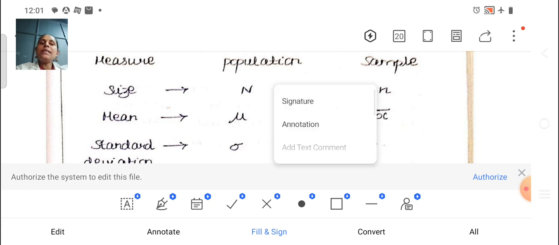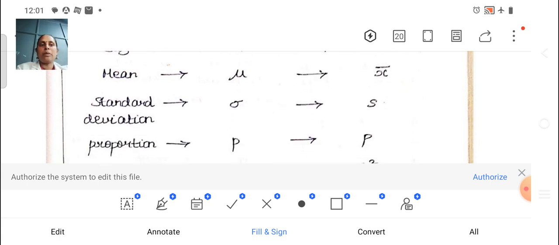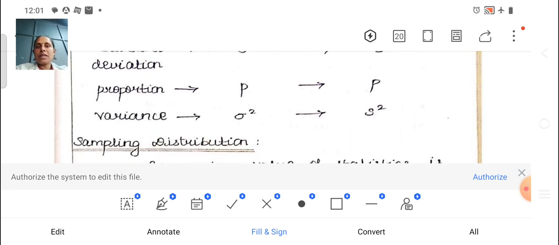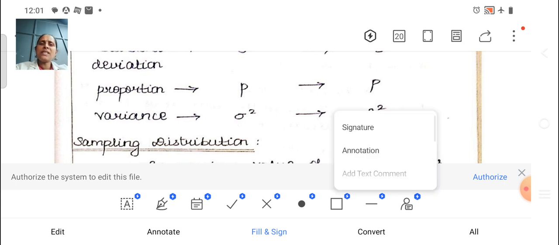The standard deviation of the population is sigma and the standard deviation of the sample is s. Next, proportion. The population proportion is capital P and the sample proportion is small p. The population variance is sigma square and the sample variance is S square.